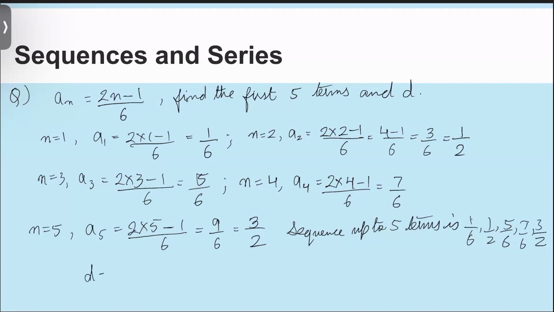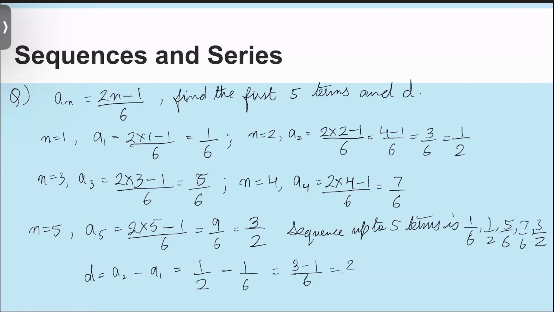Now to find d, you can take 2 consecutive terms. So let's just take the first term and the second term. Okay, so you will have a2 minus a1. So your a2 is 1 by 2 minus 1 by 6. So this becomes 3 minus 1 by 6.